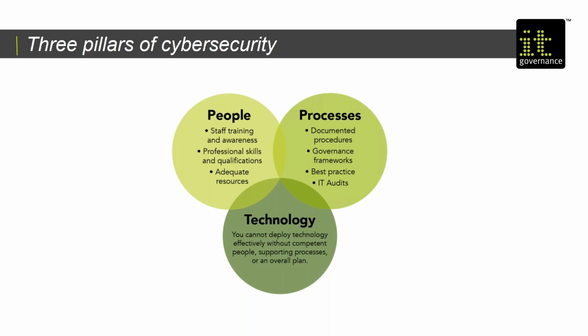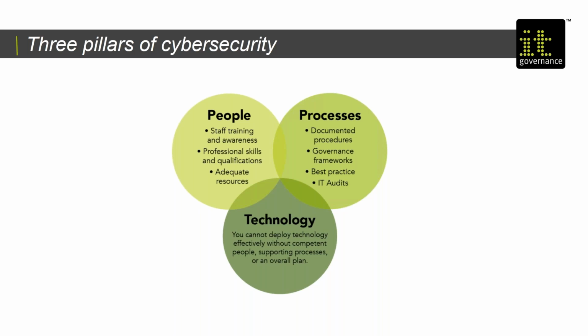And the truth is that technology on its own is simply software and hardware. It's bits and bytes sitting in boxes, and it really only does something useful if you've got people and process, people who can configure it appropriately, and processes that set out how that technology should be configured.